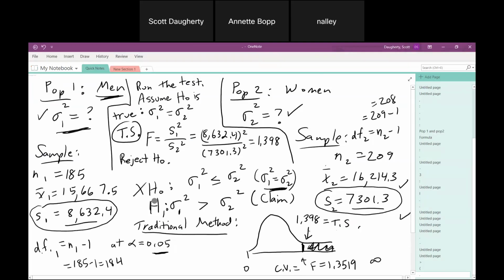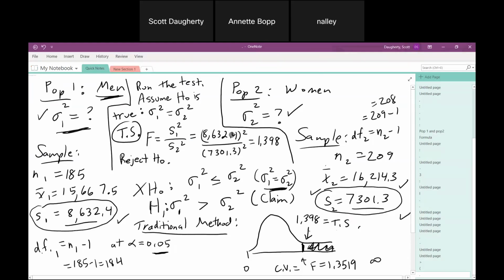So I don't believe the null hypothesis. I don't believe these are equal. I'm rejecting that. Why do I say I don't think they're equal? Because the two sample variances here are far apart. How do I know they're far apart?